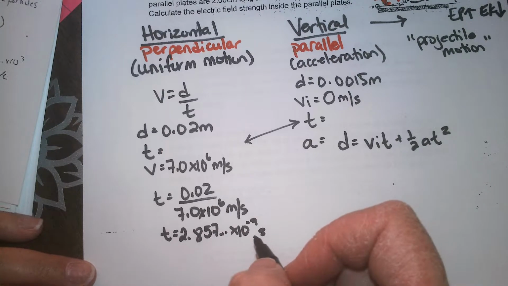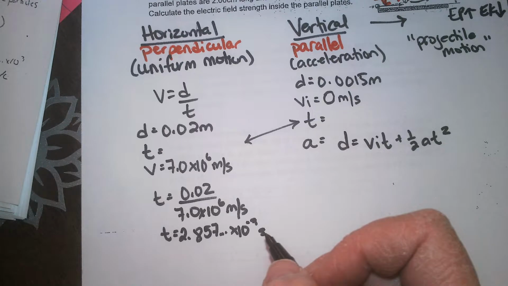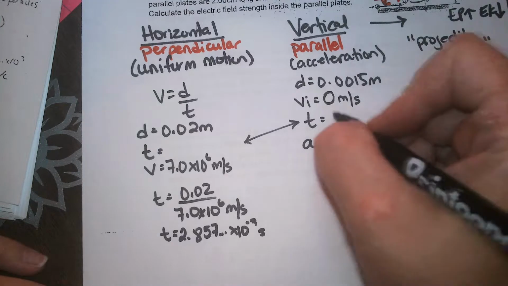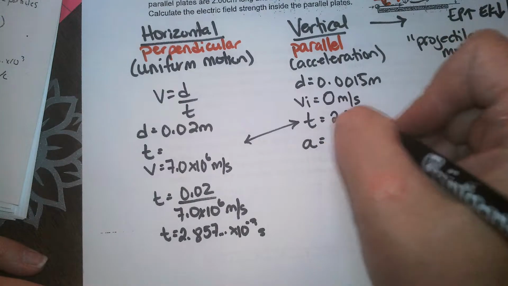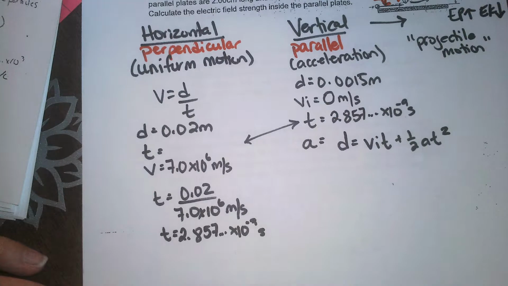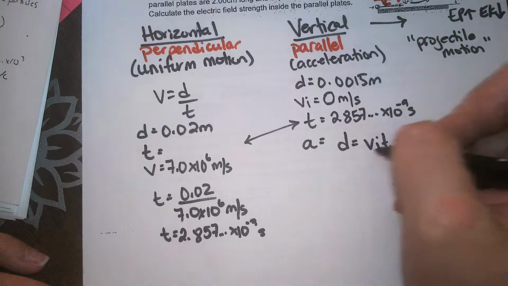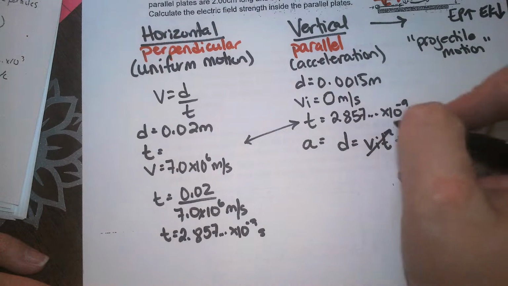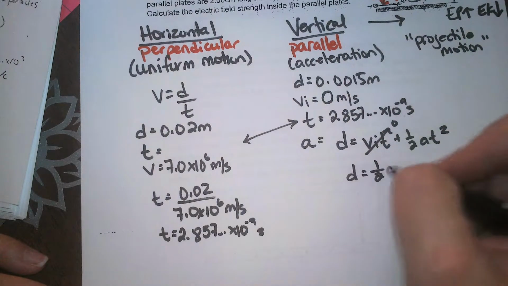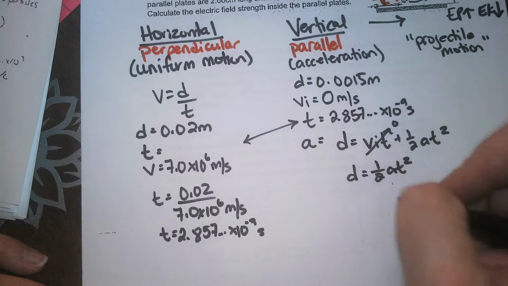Once I have that piece, then I can solve for acceleration. Anything multiplied by 0 is 0. So distance is going to be equal to 1/2 at squared.